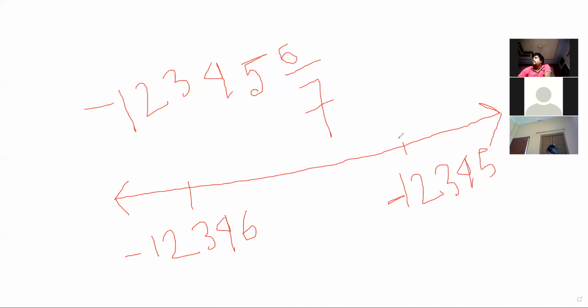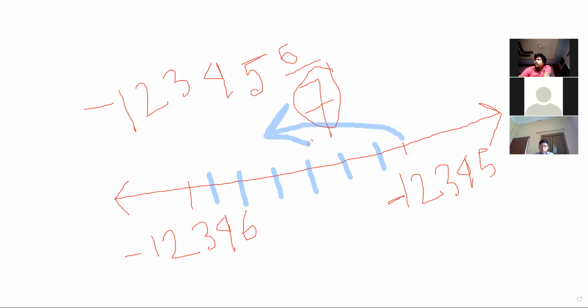Now, below is 7. So we have to divide this into how many parts? 6 parts. So 1, 2, 3, 4, 5, 6. We have to move from this side to this side.